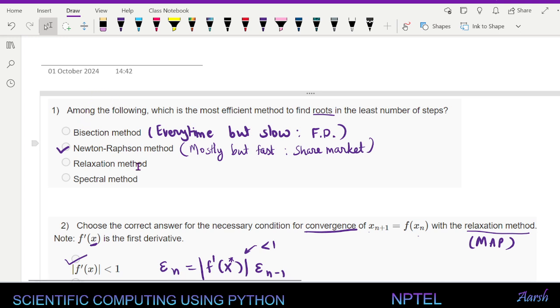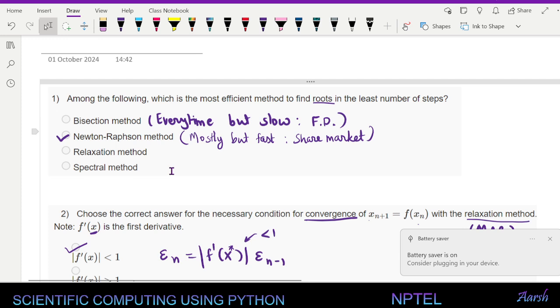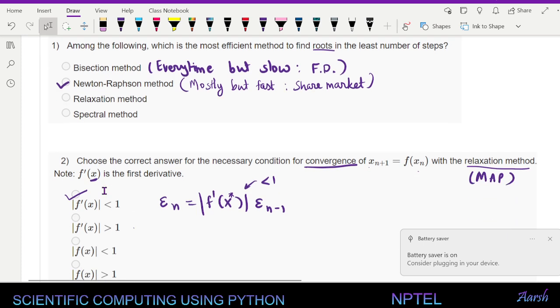So we discussed the first two. First one is which is the fastest, most efficient method to find the roots in the least number of steps. That is Newton-Raphson, right? Even the professor has discussed, that is the fastest, but sometimes it doesn't work. Bisection always works, but it is slow.